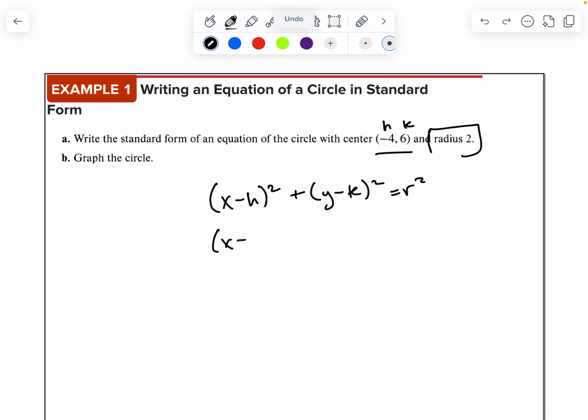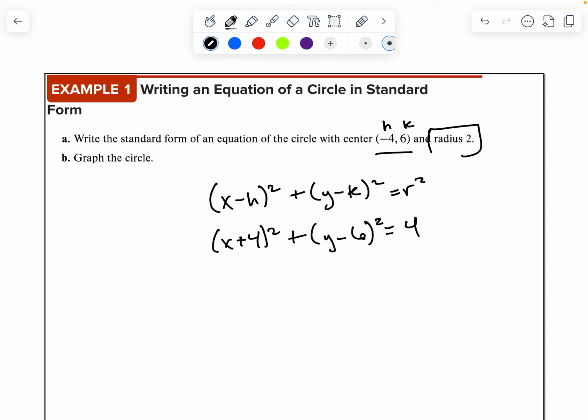I'm just going to write that as x plus 4. Y minus, k is a positive 6, so just y minus 6. The negative is built into the formula there. You see it? And then on the right side is r squared, 2 squared, which we can again just write as 4. I lost my squared there.